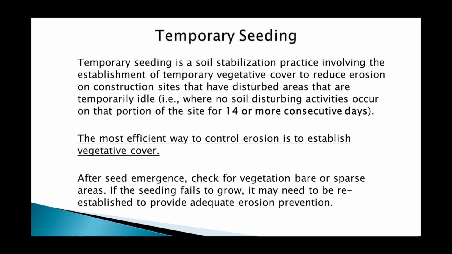If the seeding fails to grow, it may need to be reestablished to provide adequate erosion prevention. It's required that 70% of an area have grass growing in order to meet the requirements. If less than 70% of the area has grass on it, then it needs to be reseeded.